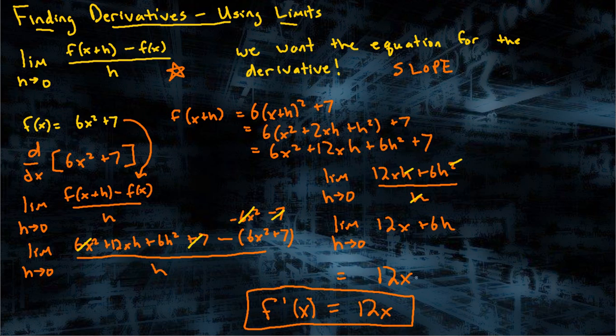Another way I could write that is to say dy dx is 12x. Another way, d dx of 6x squared plus 7 equals 12x. In any case, 12x is our answer. So it's a lot of work. You've got to be very, very careful.